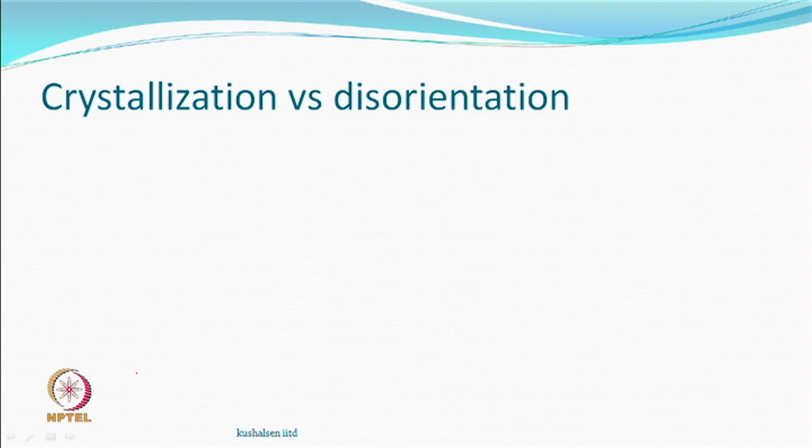If suppose somebody asks a question, the same polyester molecule in a fiber is present in the crystalline part and also in the amorphous part. And if you understand correctly, crystallization is favored and randomization is also favored.